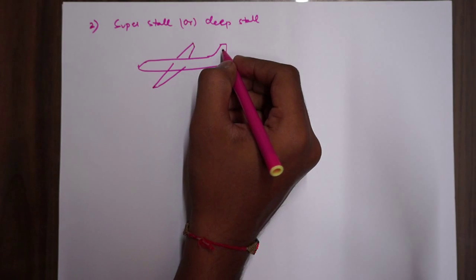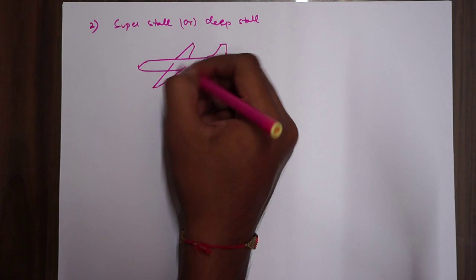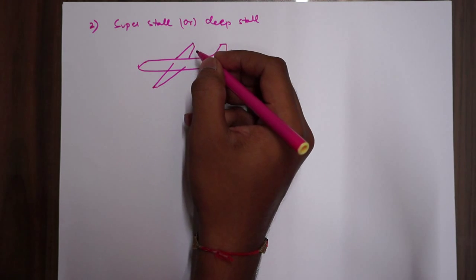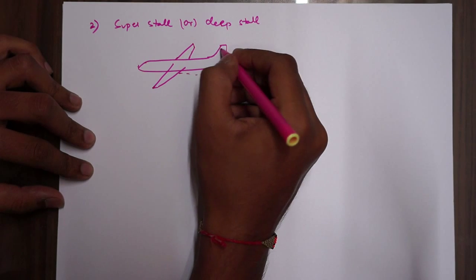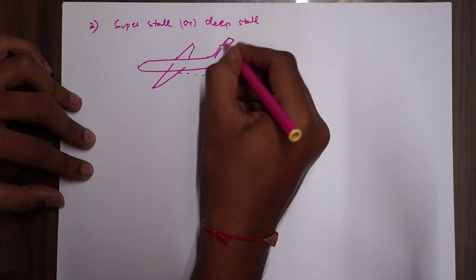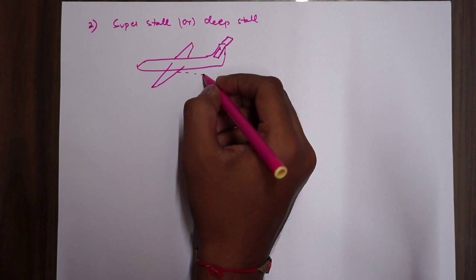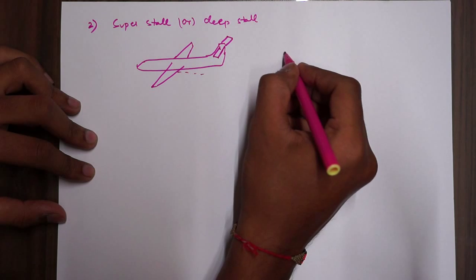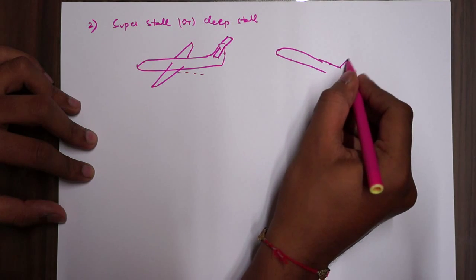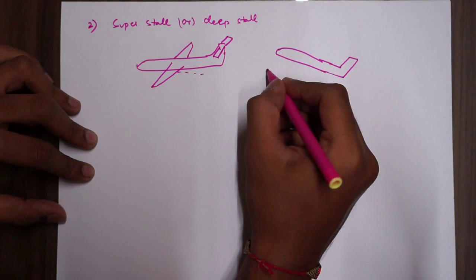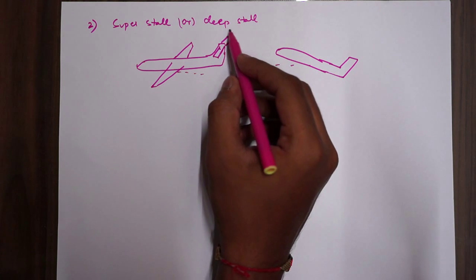Now the problem with super stall is your swept back wings, right? So swept back wings increase the downwash that suppose you have a tail plane, high tail plane. Okay, so when it increases the downwash, there is a pitch up moment. So the aircraft pitches up rapidly. Okay, and this is called the super stall or the deep stall.